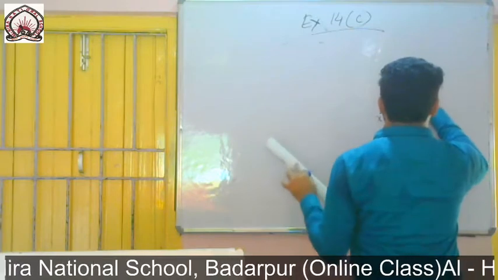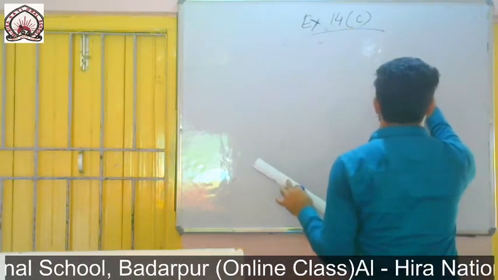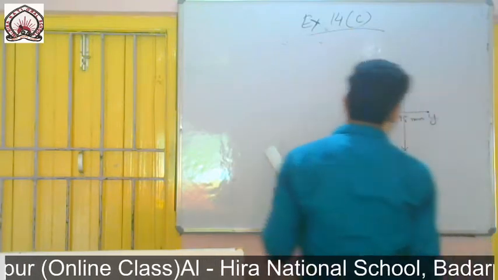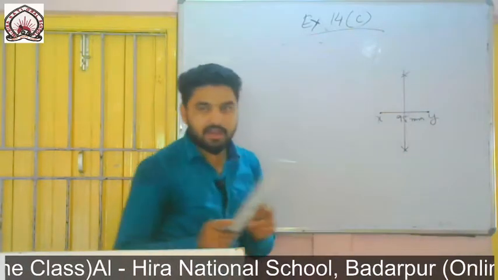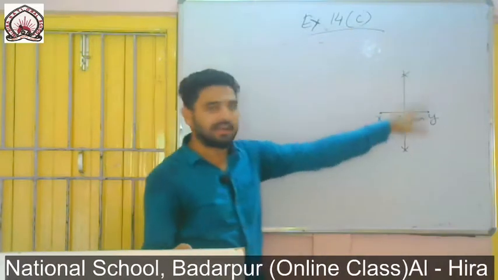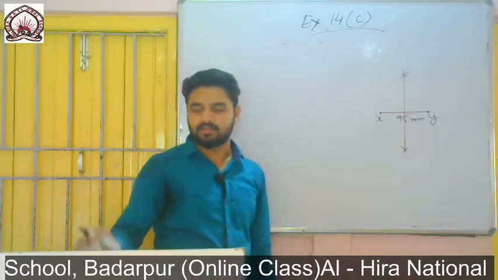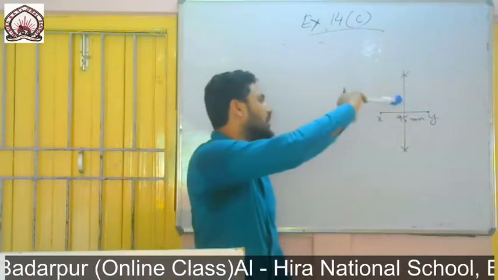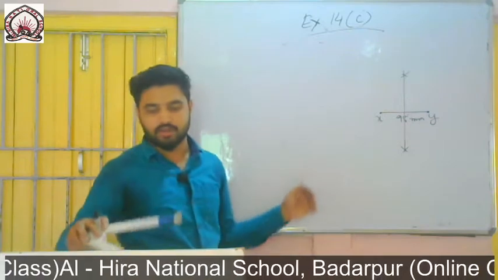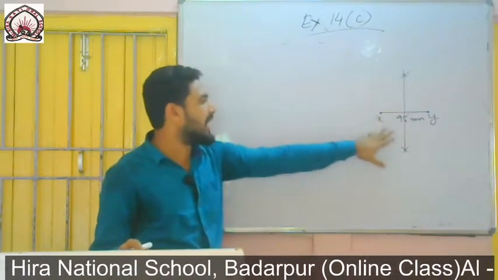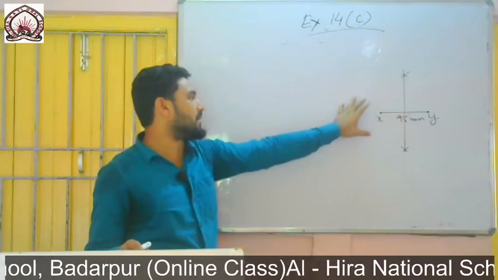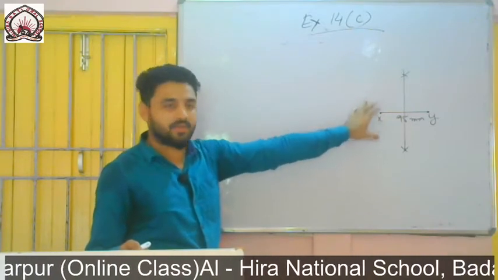Actually with this instrument this cannot be done accurately. But whenever you do it with your geometrical instruments, you will get the accurate measurement. With this I cannot draw accurately because I cannot place this accurately on this board. I have shown you the steps of construction like this.